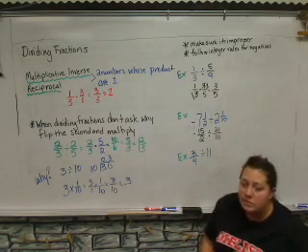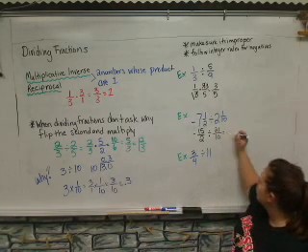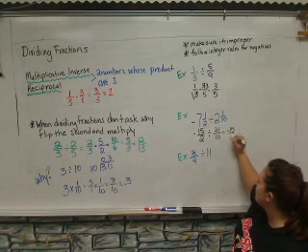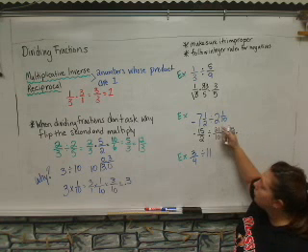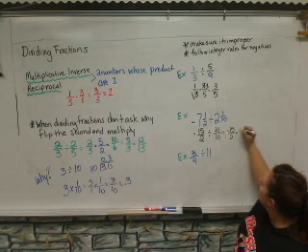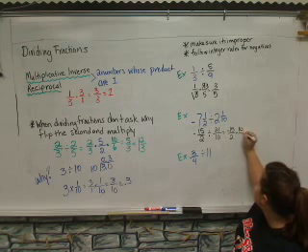We haven't flipped yet, so we need to go ahead and flip. We keep our first fraction the same, 15 halves, times the reciprocal or multiplicative inverse of 21 tenths, which would be 10 over 21.